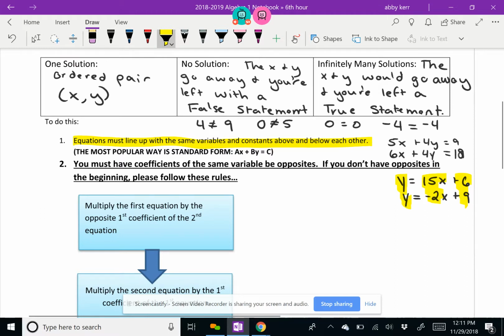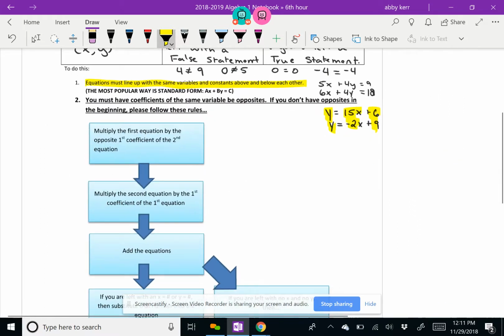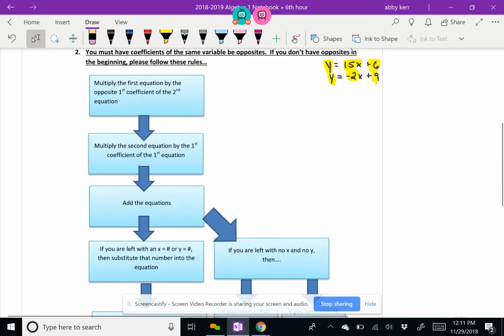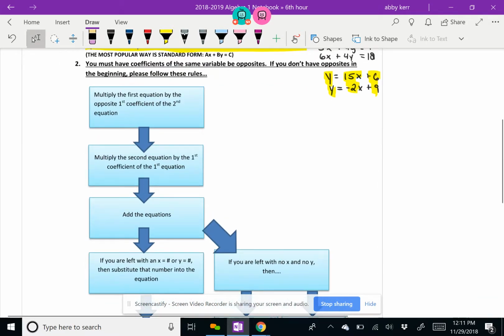Now, the one problem that I see right away is that none of them are opposites. So to get something to eliminate, to cancel out, we need opposites. Because think about it, when you're adding, if you add 5 plus -5, that cancels out, it becomes 0. That's what we need, but we need it to happen in an equation. So this flow map is going to help you in any elimination problem.